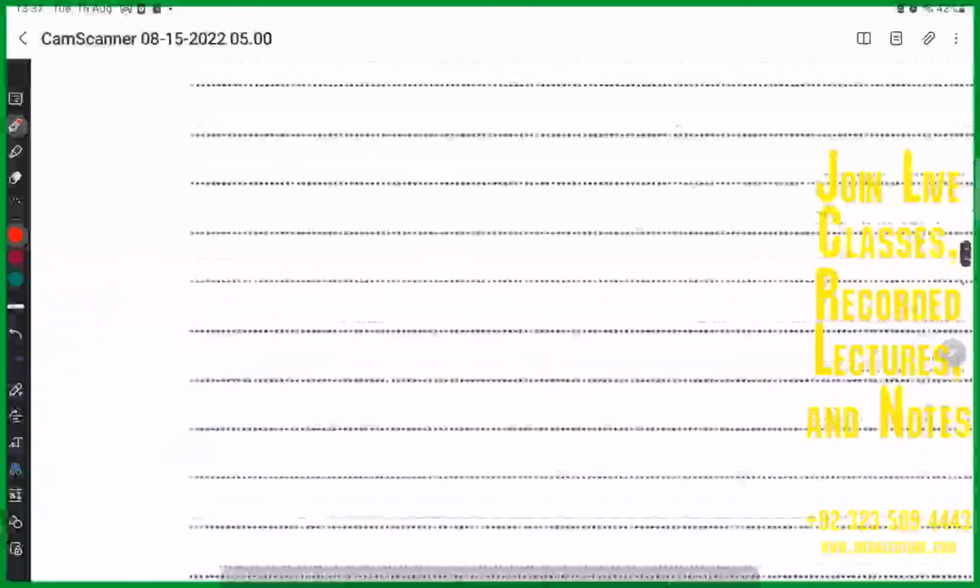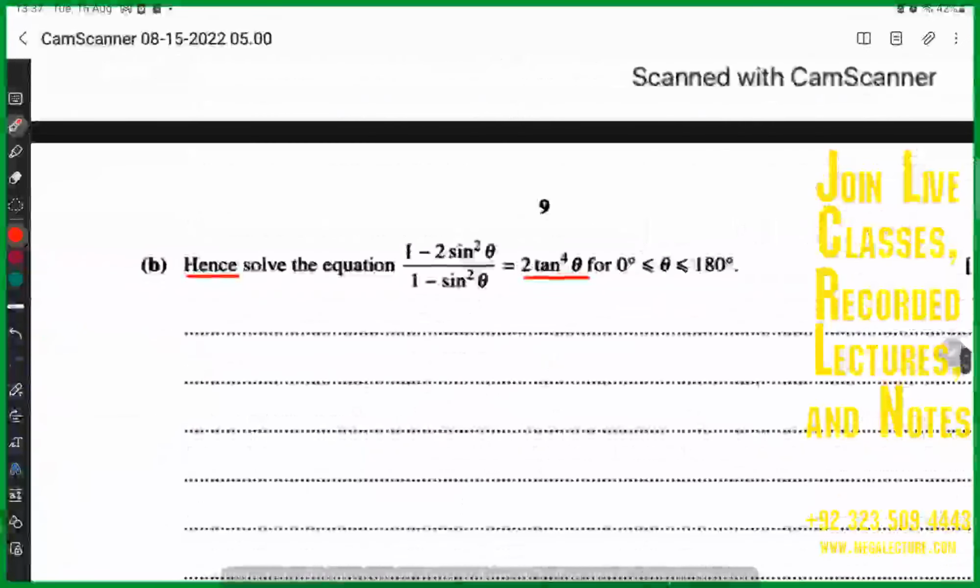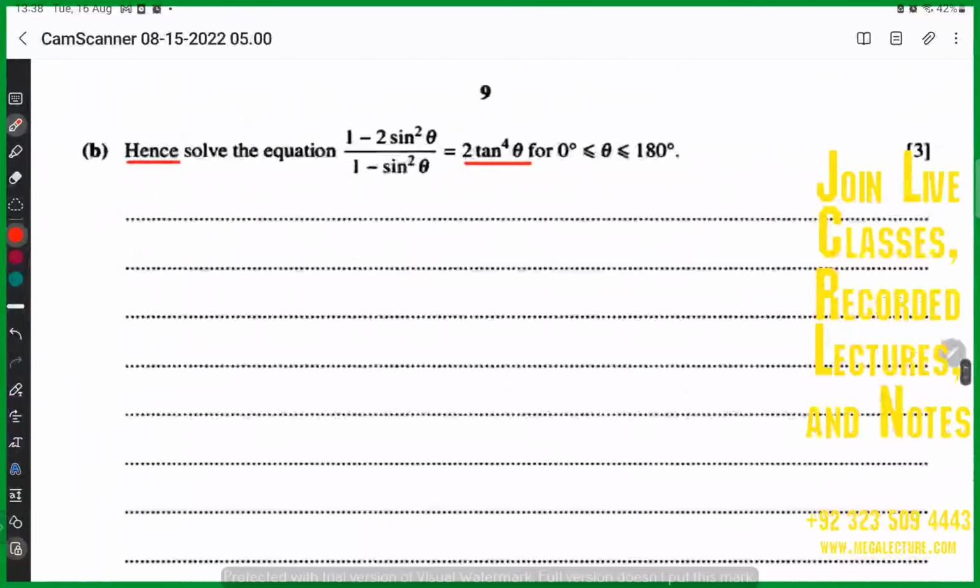So I can certainly write down 1 minus tan squared theta instead of this, okay? So I can rewrite my equation as 1 minus 2 sine square theta divided by 1 minus sine square theta equals, instead of this 2 tan to the power 4 theta, I am going to write down whatever I had in the previous part.